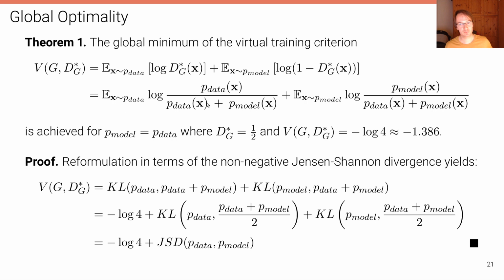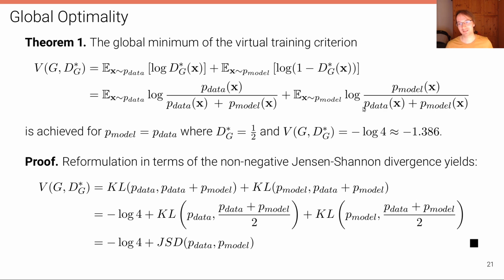We can reformulate this expression here in terms of the non-negative Jensen-Shannon divergence. If we look at this expression here, we see that this is simply the Kullback-Leibler divergence between the data distribution and the model distribution.